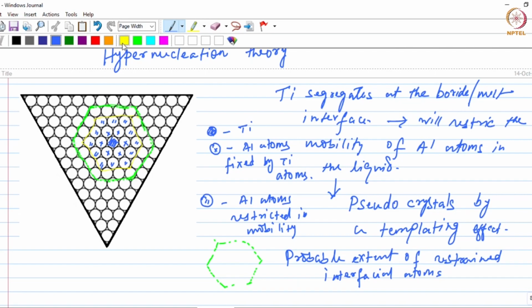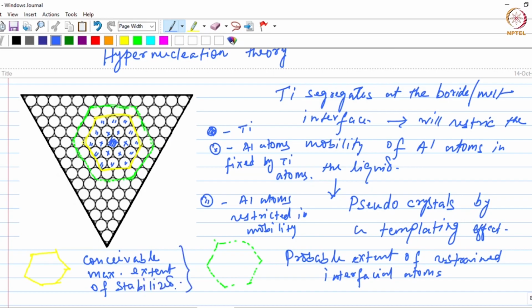And this outline that you see over here, that is the conceivable maximum extent of the stabilized region, in which the aluminium atoms are fixed.